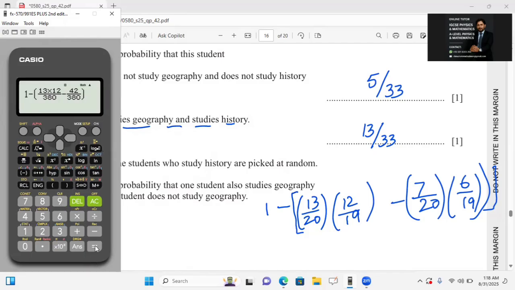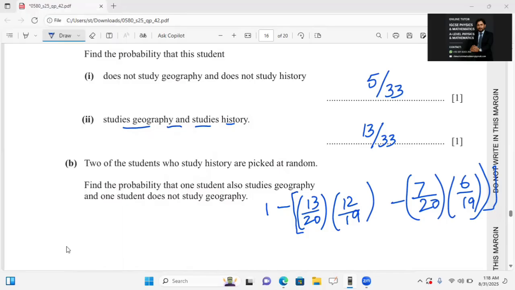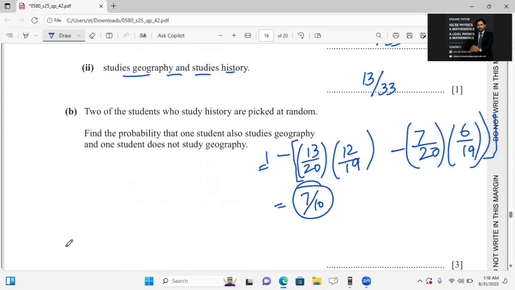Closing the bracket, getting the answer. So it is 1 minus 13 multiplied by 12 over 380, 19 times 20 is 380. Okay, 380 minus 42 over 380, that is equal to 7 over 10, which will be the answer for this question.